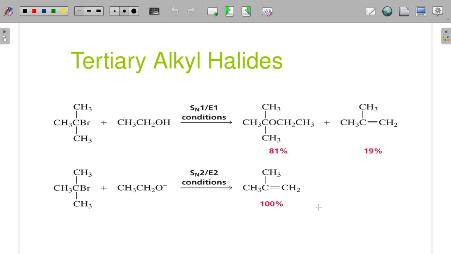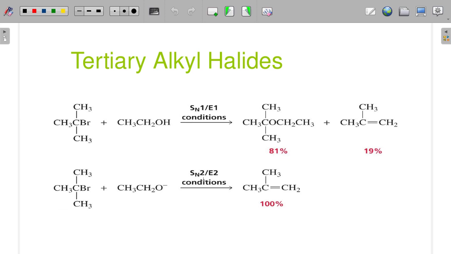Tertiary alkyl halides, for example, since they do favor SN1 conditions and E1, it seems like that'd be a good choice. But if I actually were to react tert-butyl bromide with alcohol, I do indeed get a substitution product and an elimination product, favoring the substitution, but I will definitely get mixtures here.